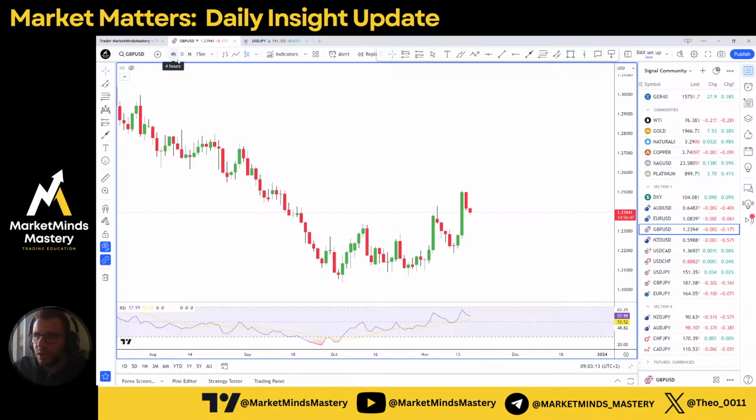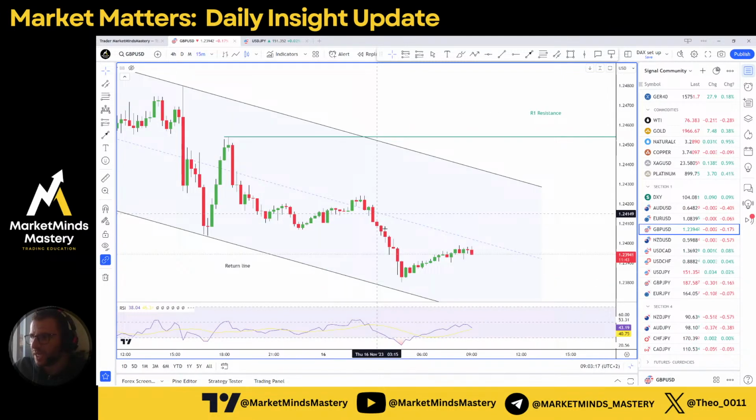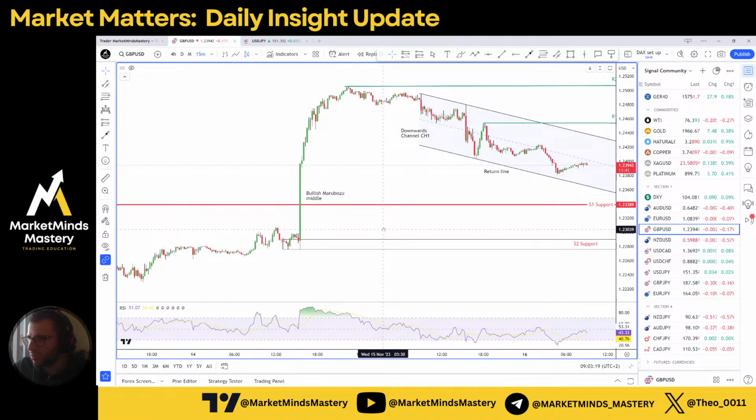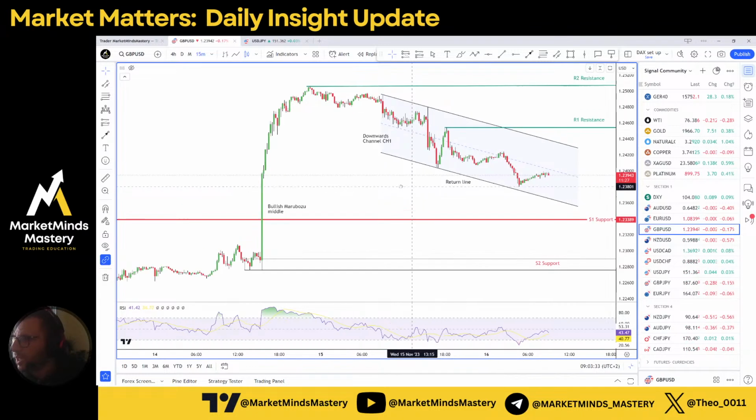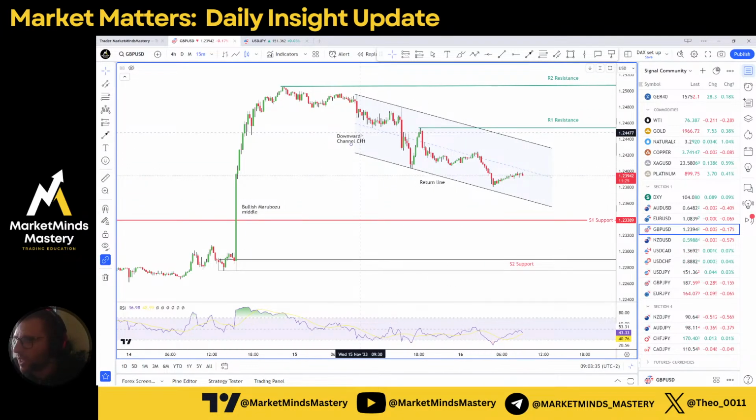Now, if we go to the lower time frames, like the 15-minute chart, I sent one analysis to a firm today, referring to some short-term analysis as well, because that's what I provide. Along with the daily chart, on the 15-minute chart we have this downward channel.